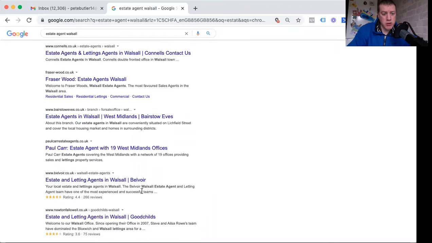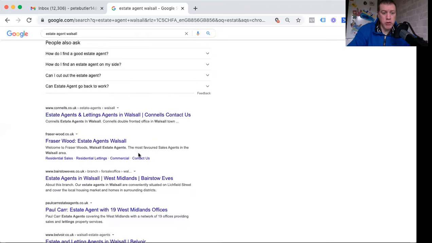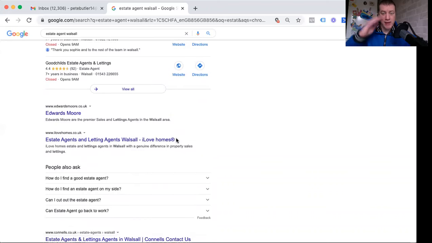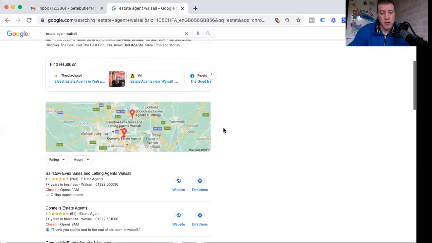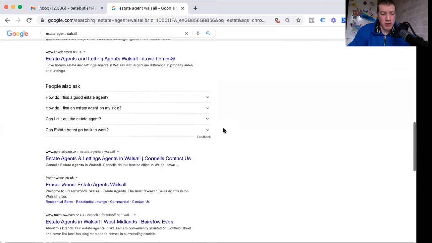We've had agents that are literally number one, number two organically, and we've come off the ads, reduced the ad spend, but we had to put the ads back on because the agent didn't get any better results from the SEO.